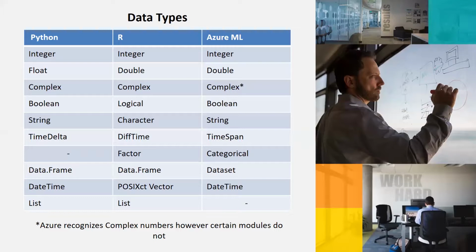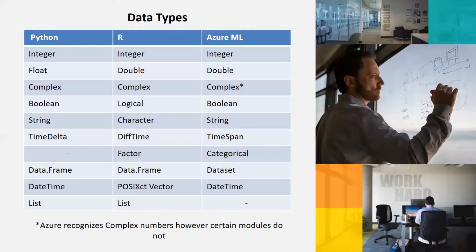So you have to keep that in mind when you're trying to export data to and import data from Python and R. Another thing that is notable would be the complex types. Complex numbers are recognized in Azure Machine Learning, but not by all the modules. There are certain modules that can have some issues when you're working with complex numbers. So if you run into that issue, just keep in mind that that could be a root cause.